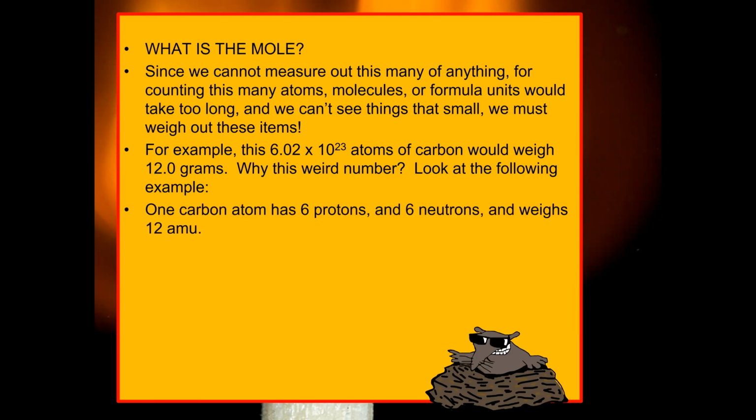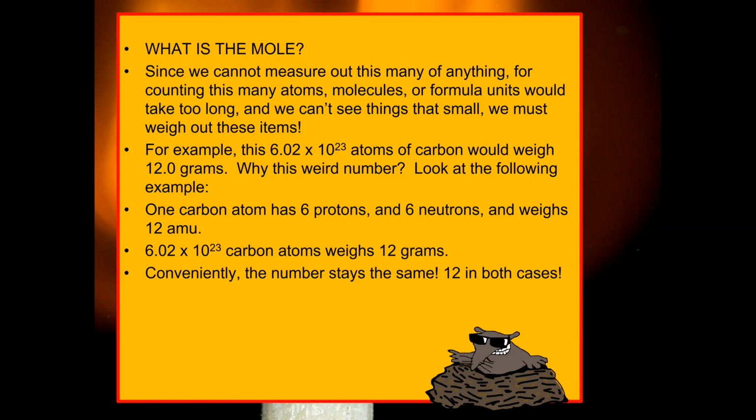Carbon, regular boring carbon, has 6 protons, 6 neutrons, and has an atomic mass unit weight of 12. A mole of carbon is going to weigh 12 grams. Now, what you might notice is 12 just keeps popping up. So, we'll say conveniently, that number stays the same.